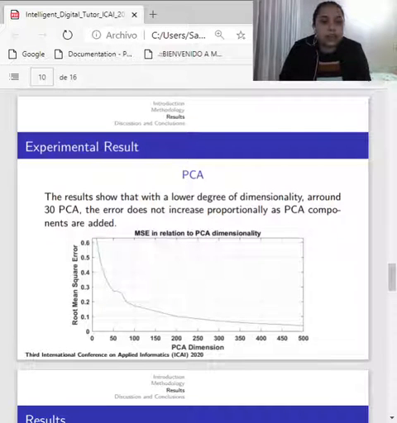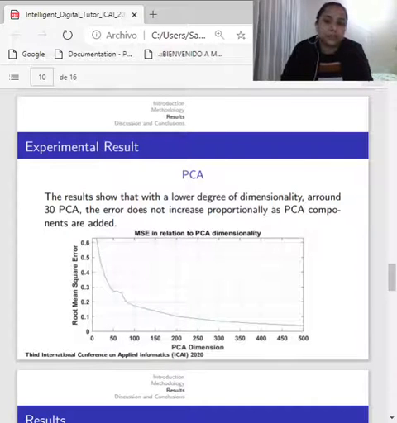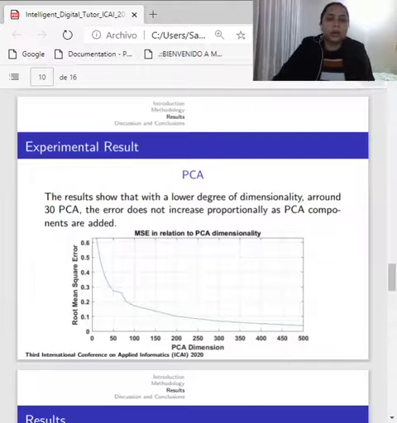We can see in this graph the effects of varying the dimension of the descriptor using the PCA algorithm. The results show that with a lower dimensionality, around 30 PCA components, the growth does not increase proportionally as PCA components are added.